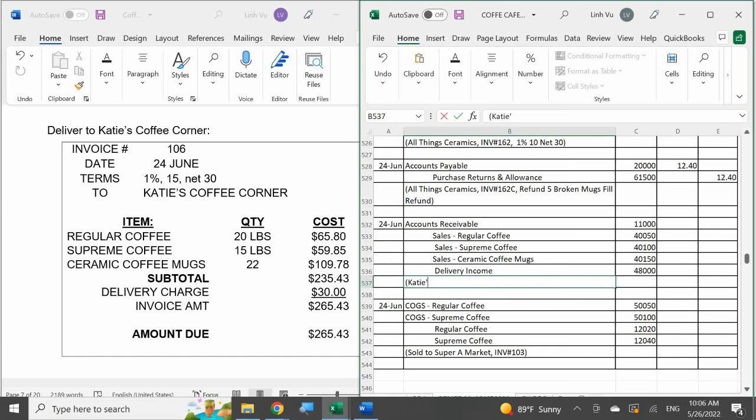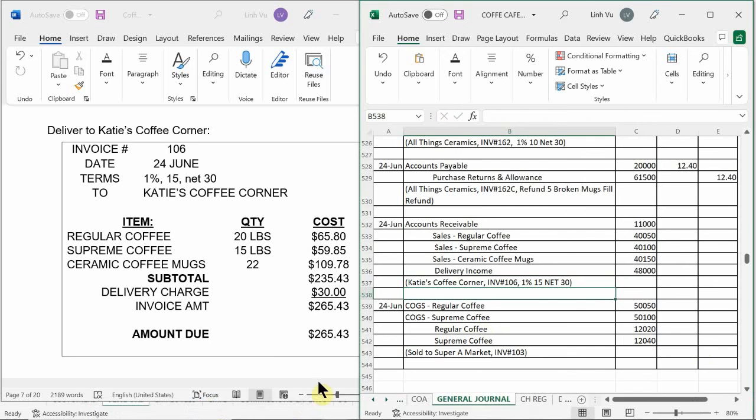So we delivered to Katie's Coffee Corner, with invoice number 106. We gave her terms 1%, 15 at 30. Okay. And then of course down here.